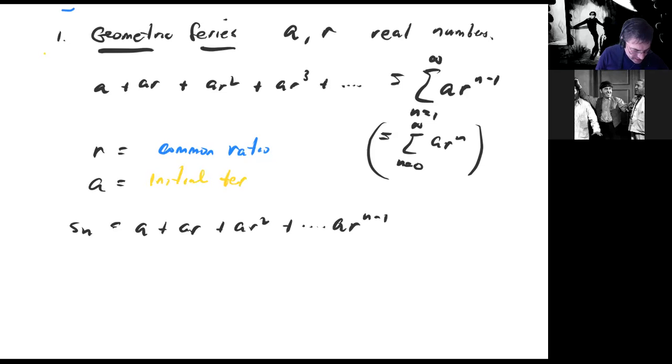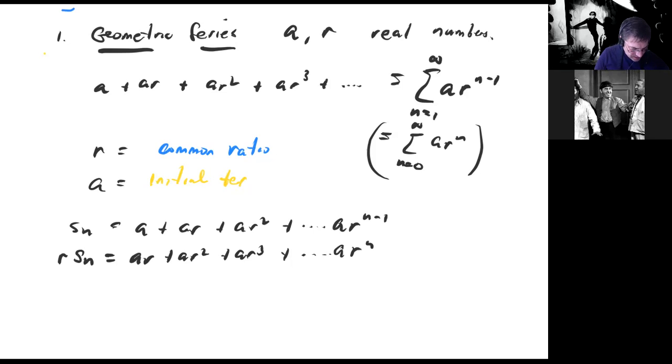And now I'm going to take this equation and multiply it on both sides by r. So r S_n is ar plus ar squared plus ar cubed, all the way up to a times r to the n. So now let's subtract the second equation from the first equation. So what do you get?